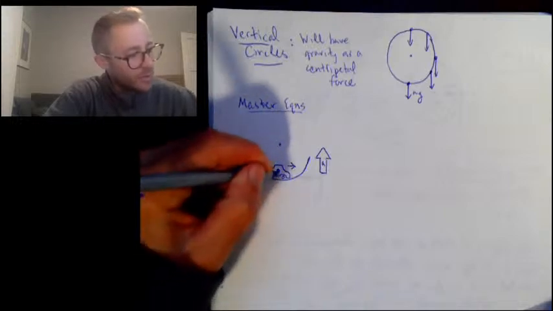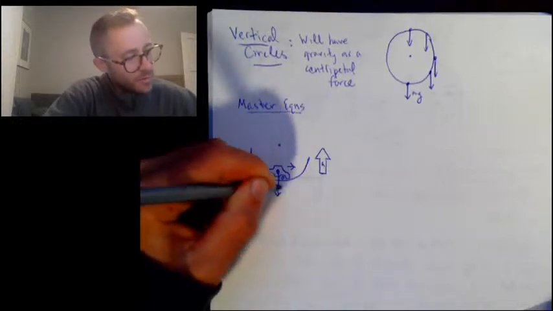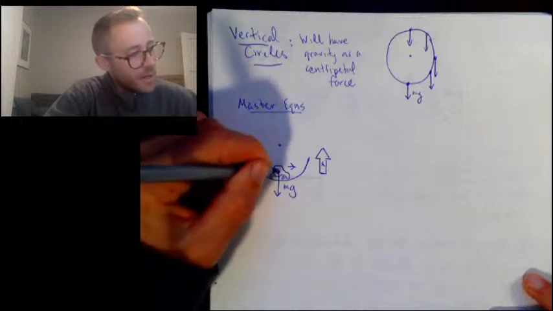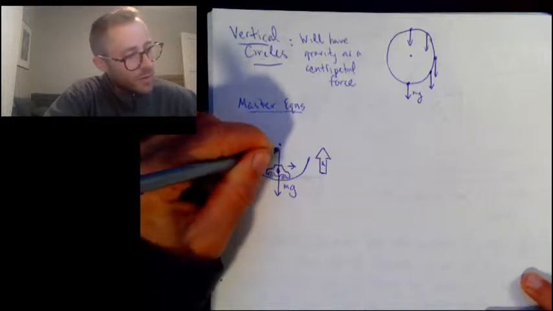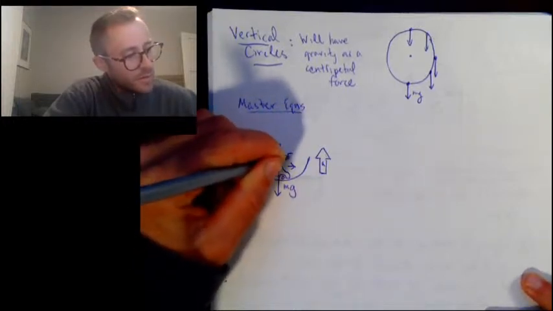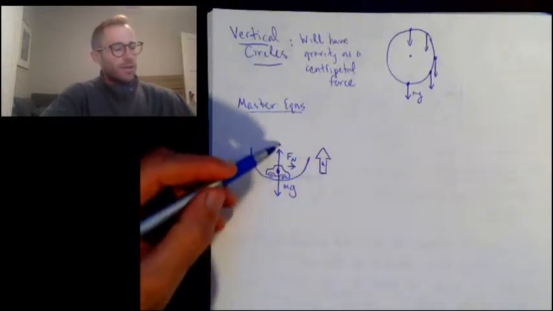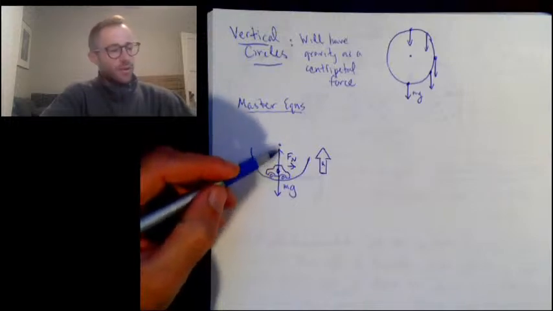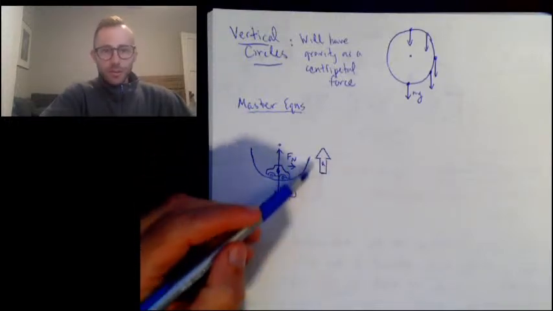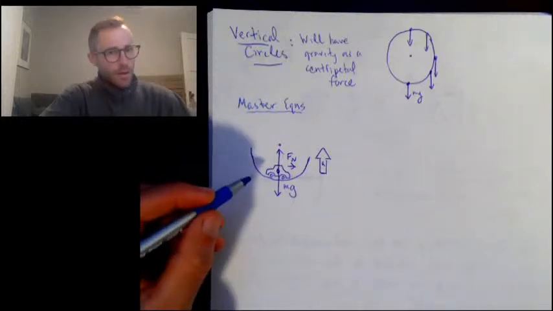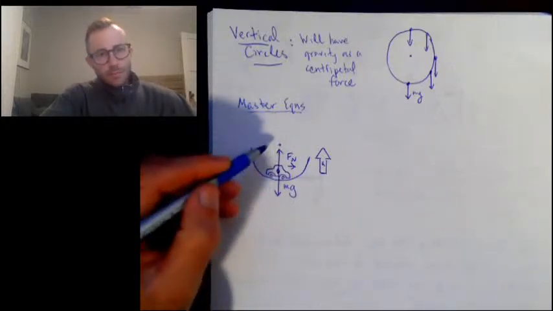We have the weight force going downward, so we have mg going downward. And we have the normal force from the bottom of the ravine going upward. Actually, I should have drawn this arrow longer because the acceleration is upward towards the center of the circle.